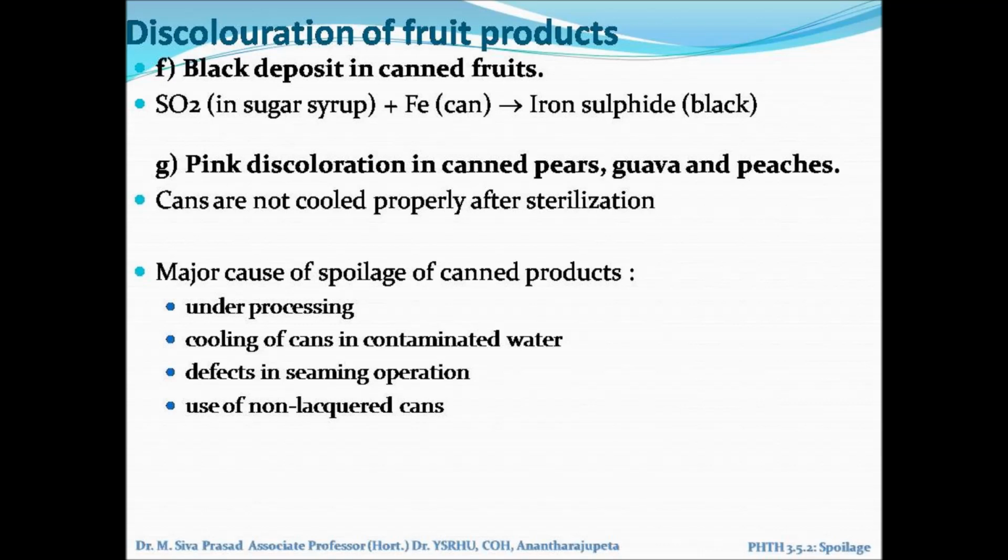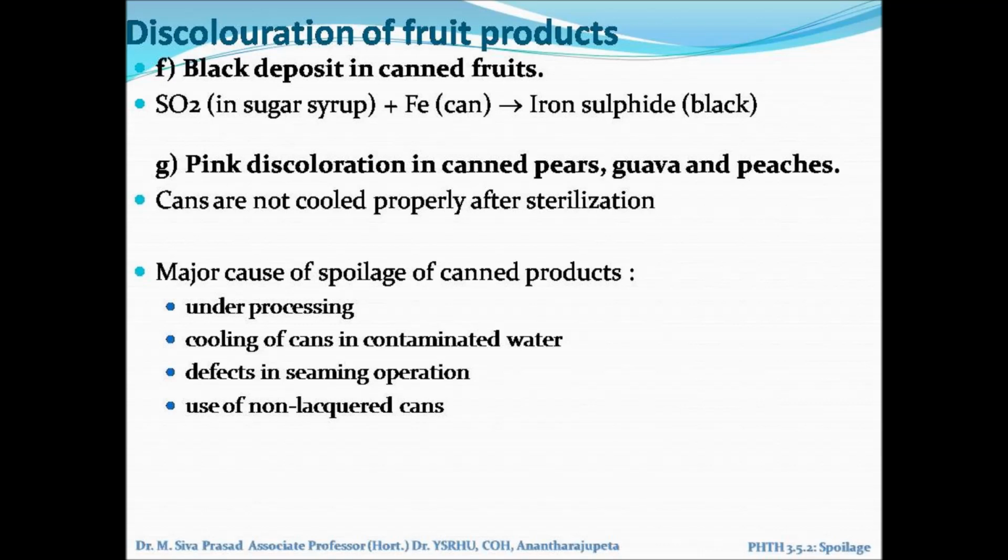This sulfur dioxide reacts with the iron of the can and produces iron sulfide, which is black in color. So this causes discoloration. And you have seen in the last slide the amines present in the pumpkin causing discoloration, and the very content, that is iron, that is present in the tin is causing discoloration.